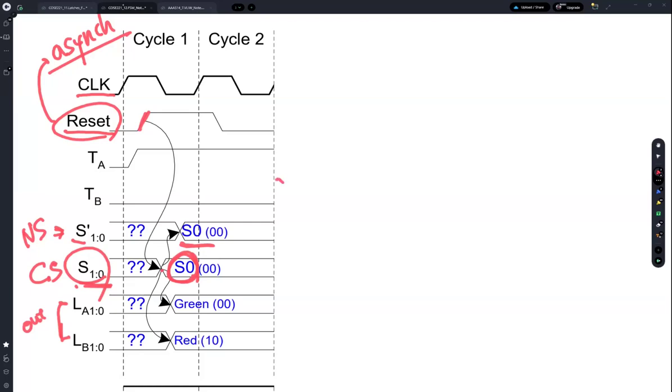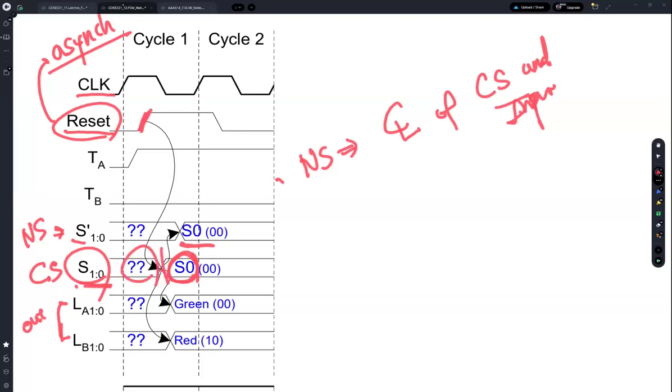The next state is the combinational logic of current state and input, right? Before reset, you can find the question marks, which means we don't know. Before the reset, we don't know the current state value. So it's kind of X, unknown.